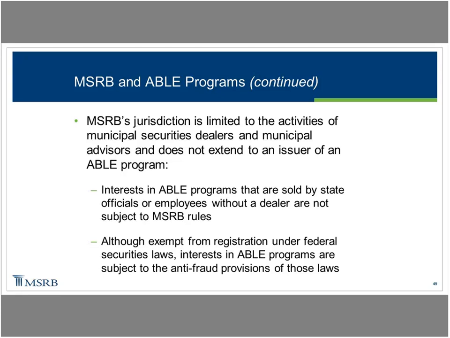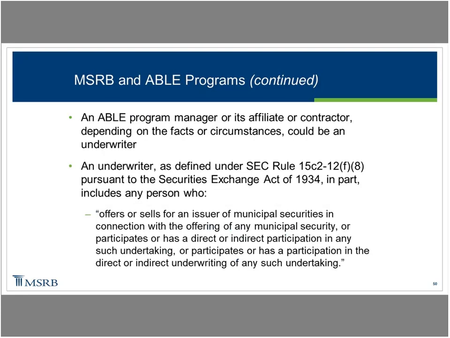So again, to the extent that any of these particular individuals are involved in an ABLE program, then MSRB rules would apply. What does it mean for MSRB rules to come into play? You'll see on the next slide that we have a host of rules.